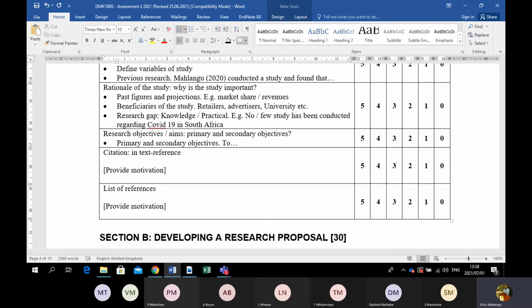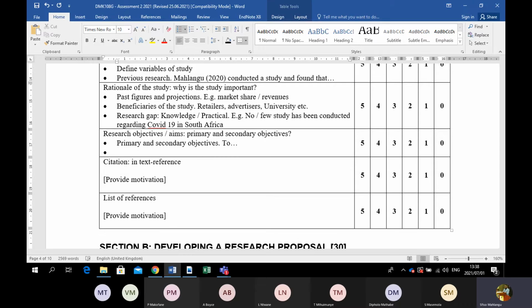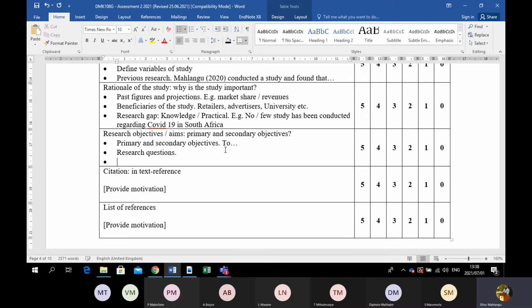Are they written correctly? Are they clear and so on? That could be to determine, to examine, and so on. We have research questions included there. Are they written correctly? Are they based on previous research as well as hypothesis?